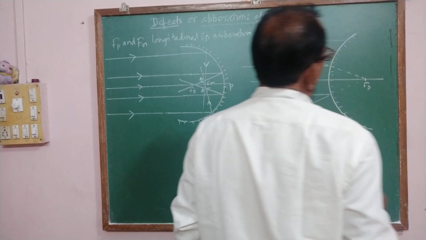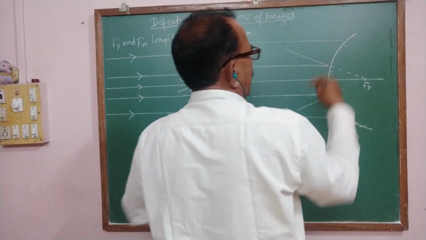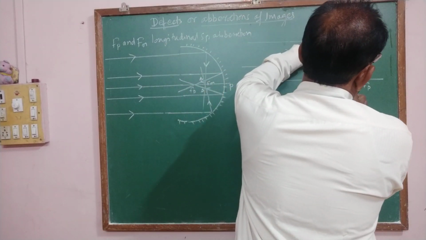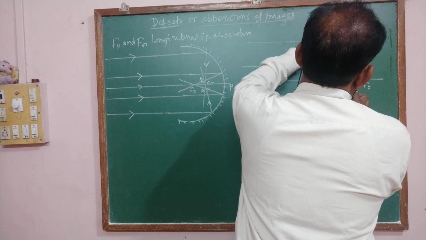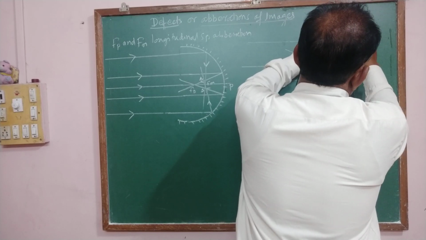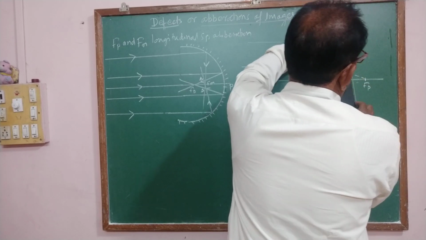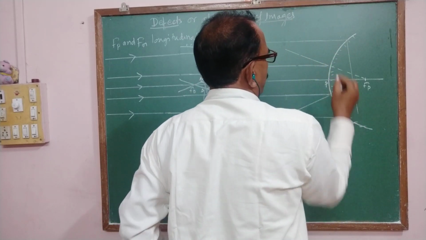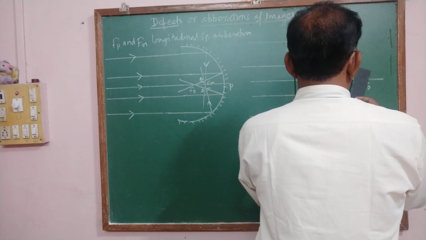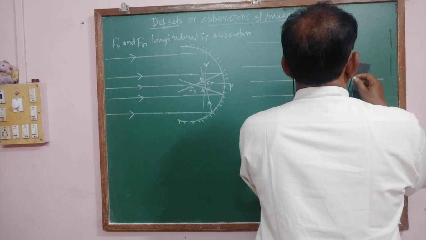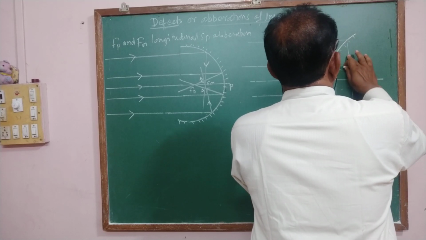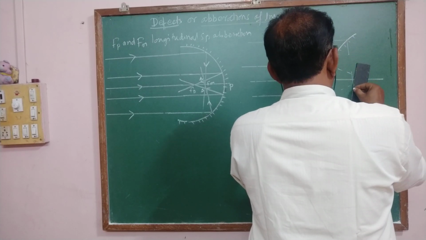The rays which are away from the principal axis will meet close to the pole. This is the pole. They appear to meet.